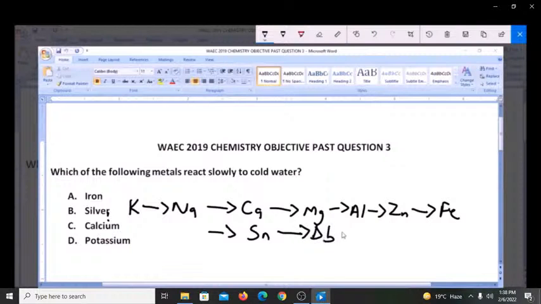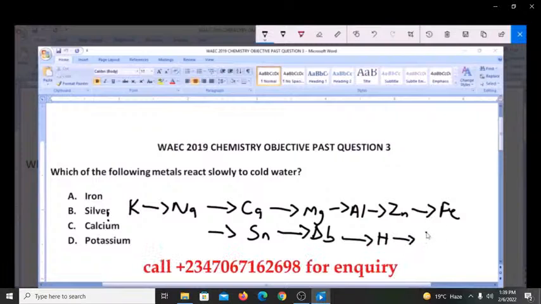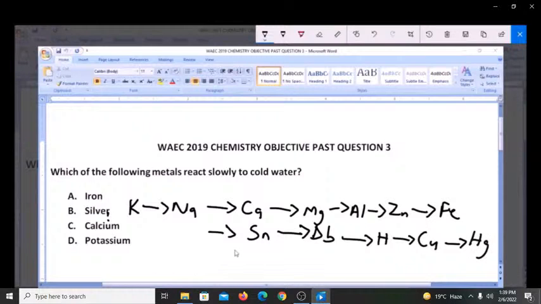In case you are unfamiliar with it, it is element 105. Then hydrogen, then copper, then mercury, followed by silver, and finally gold. So this is what the electropositive series looks like.